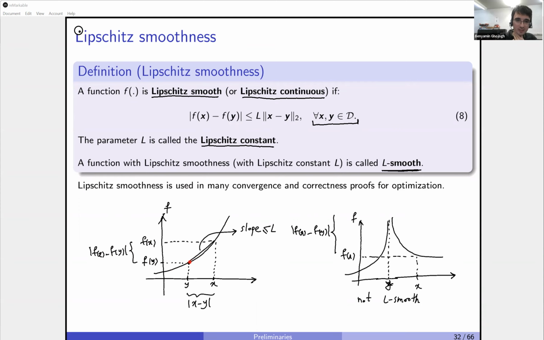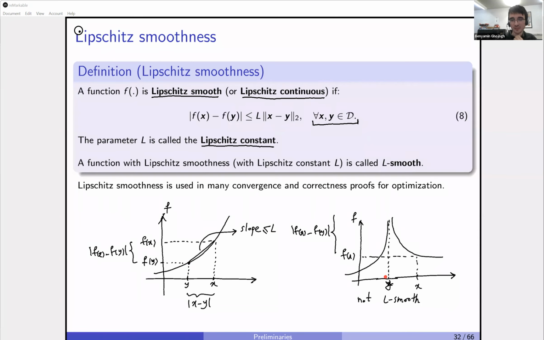This is the line connecting this point to this point, so this is x, f of x, and this is y, f of y. The line connecting these two points has a slope, and its slope is less than or equal to L. This function is L smooth, Lipschitz continuous with constant L.